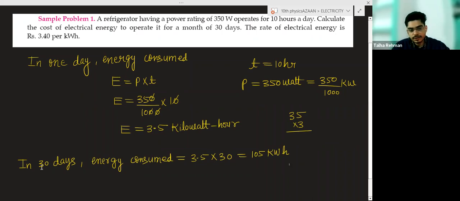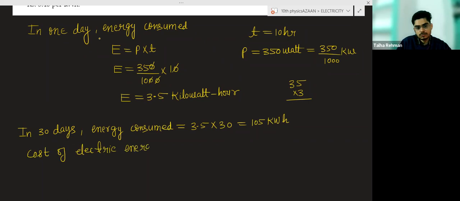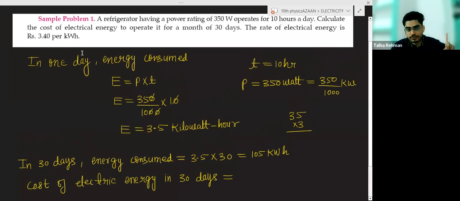Now in 30 days, they are asking how much we have to pay. Means what is the cost of electric energy in 30 days? So the cost of electric energy in 30 days will be the total energy multiplied by the rate. If you are consuming 1 kilowatt hour, then you have to pay this much rupees, 3.40 rupees or anything.